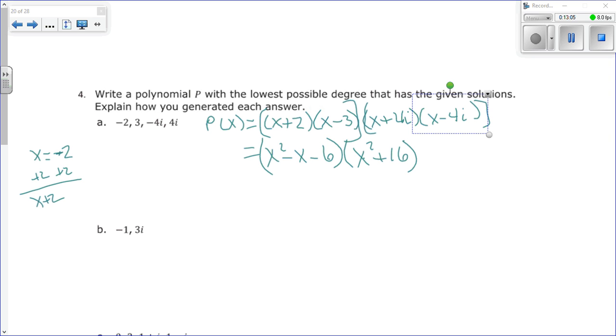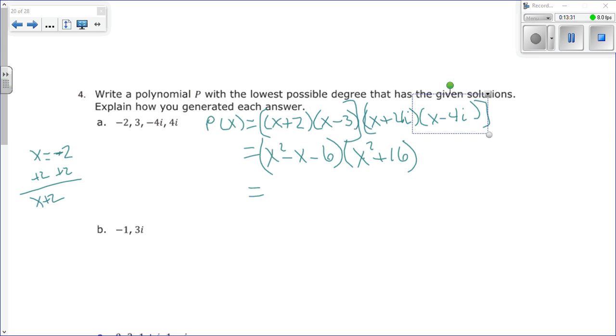My middle terms will cancel out because it'll be a plus 4ix and a minus 4ix, and then 4i times negative 4i is negative 16i squared. i squared is -1, so it becomes positive 16. If you need to, do the box method off to the side. And then we need to multiply these 2 together.